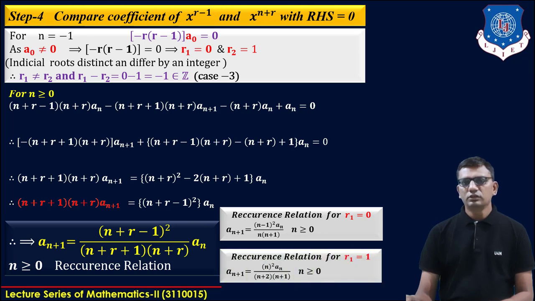For r equal to r2, we have the recurrence relation a(n+1) equal to n square an upon (n plus 2) into (n plus 1). It is also valid for n greater than or equal to 0.